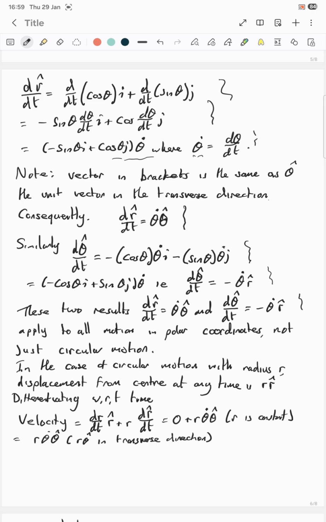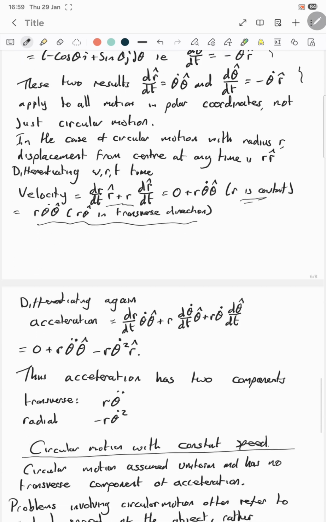In the case of circular motion, the radius r, displacement from the centre at any time is r r hat. And now differentiating with respect to time, we'll find the velocity, which is given down here, where r is constant, which in this expression here gives it in its transverse direction.